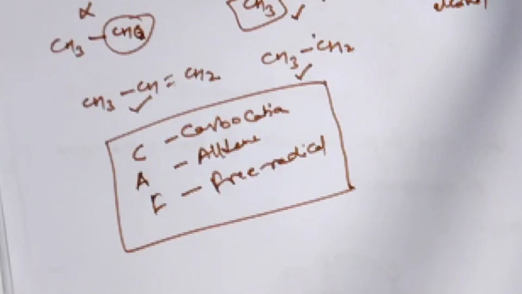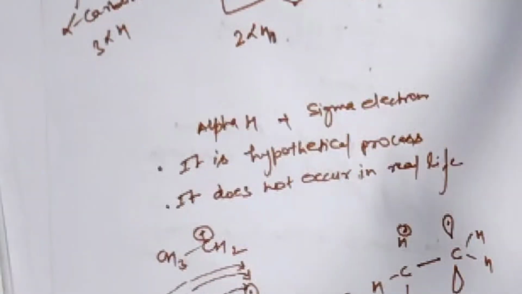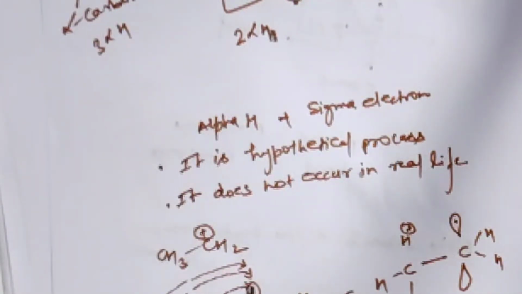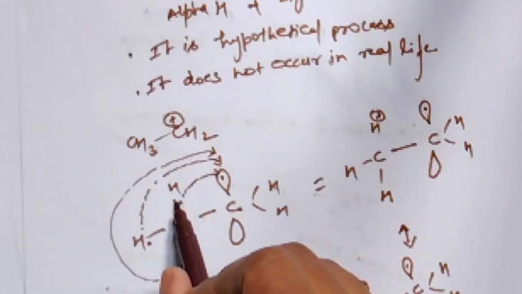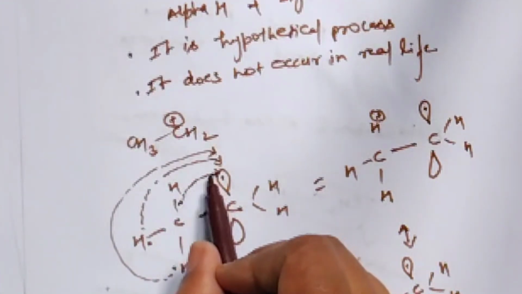Basically, hyperconjugation is the delocalization of electrons through overlap between the p orbital occupied by the odd electron and a sigma orbital of the alkyl group. Delocalization of sigma electrons.